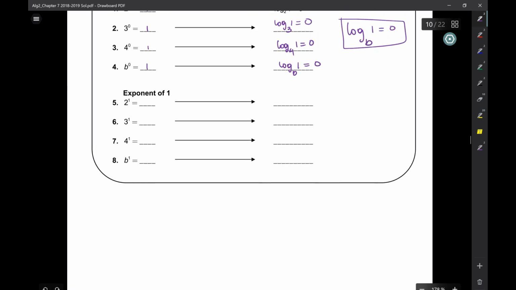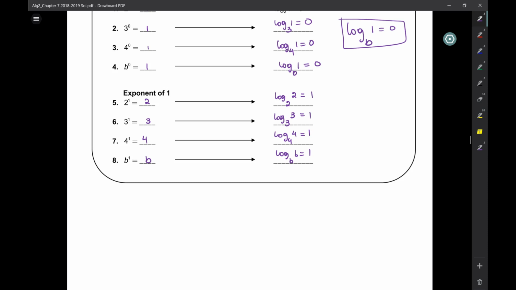2 to the 1? 2. 3 to the 1? 3. 4 to the 1? 4. b to the 1? b. Okay, so let's write these. Log base 2 of 2 equals 1. Log base 3 of 3 is 1. Log base 4 of 4 is 1. Log base b of b is 1. So who can articulate that in English, using words, a sentence?